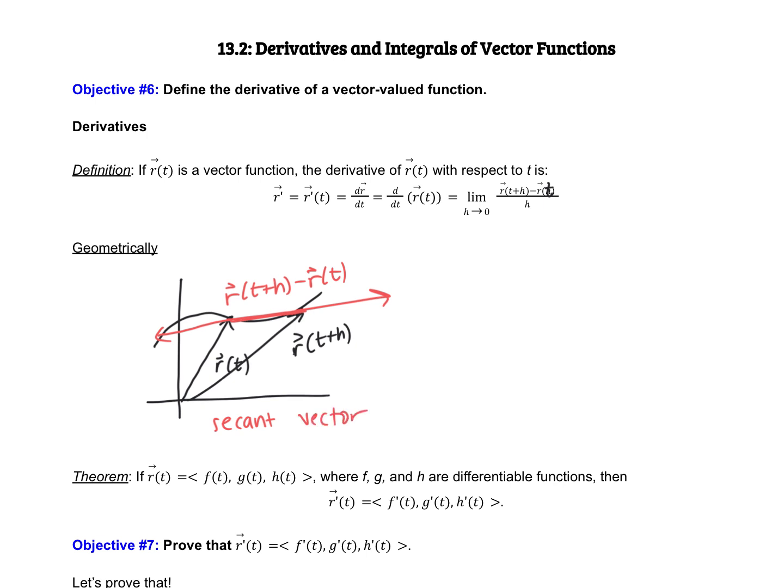Okay, so then what we're talking about in this definition is we want h to become really, really small. So if h becomes really small, we're going to end up with a vector that is much closer to our initial vector. So here was our initial vector.